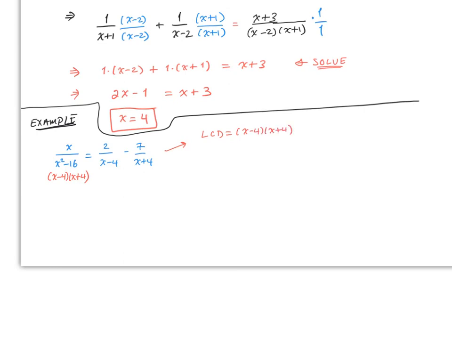Okay? Then we do the same trick for the first one. The x minus 4 times x plus 4 is not missing anything, so just multiply by 1. The second one is missing the x plus 4.